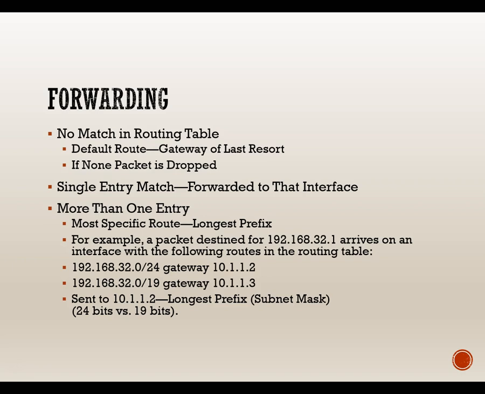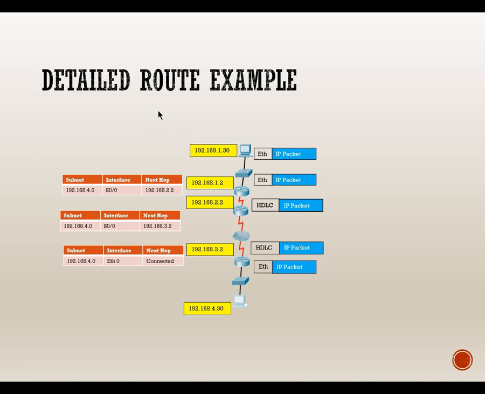So it's sent to 10.1.1.2, the gateway, that'd be the next hop in this case. I said out, but it would be 2 because it's the longest prefix, the one with the longest subnet mask, 24 bits versus the 19 bits.